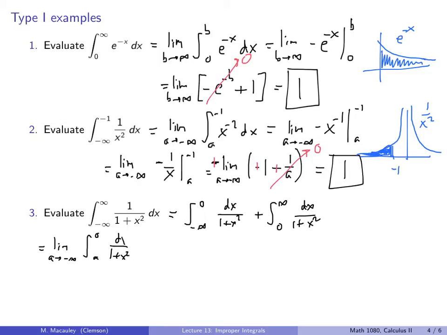This second one is the limit as b goes to positive infinity of the integral from 0 to b of dx over 1 plus x squared. Okay, so both of these are inverse tangents.